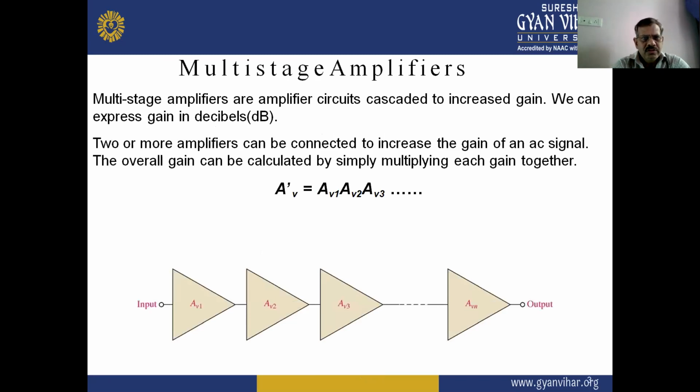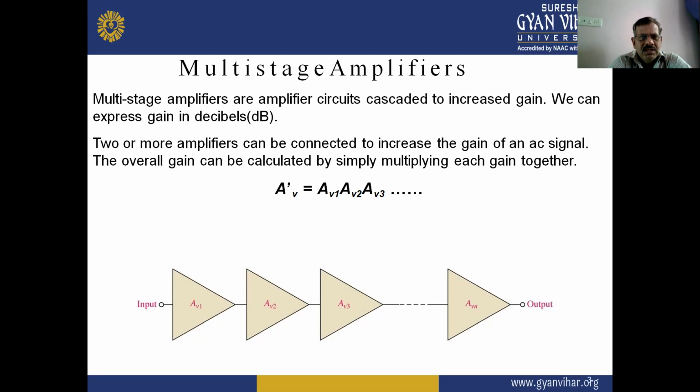We also view multi-stage amplifiers, where we connect one amplifier to another amplifier and the second amplifier to a third amplifier and so on. So this type of connection in which more than one amplifier is connected is the multi-stage amplifier.